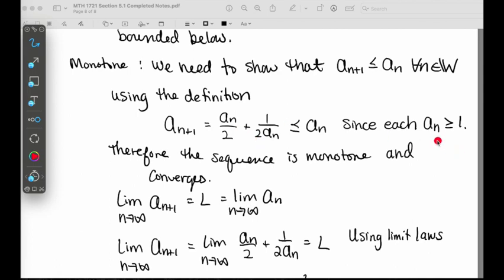Now, because we just showed that all the terms are greater than or equal to 1, if I take an and cut it in half, this is certainly going to be less than half an, and when I add them together, it's still going to be less than an.